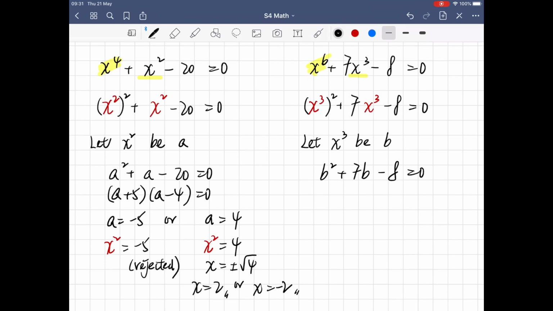Then let's take a look at the second one. b squared plus 7b minus 8 equal to 0. The method is similar. After solving this quadratic equation, we can get two results. That is (b plus 8)(b minus 1) equal to 0, and b equals negative 8, or b equals 1. Then we substitute back the x cubed into the question.